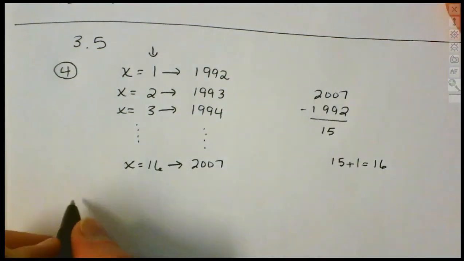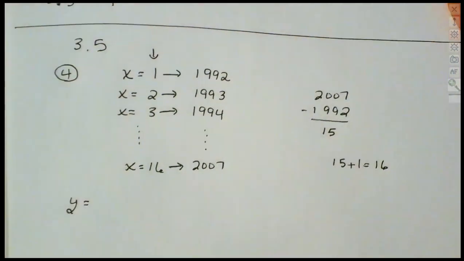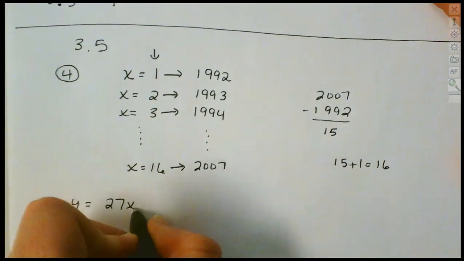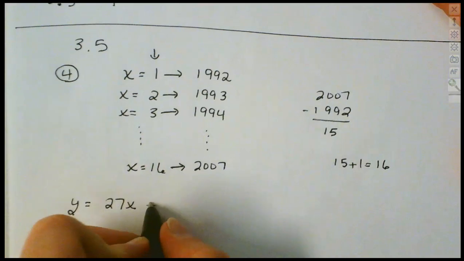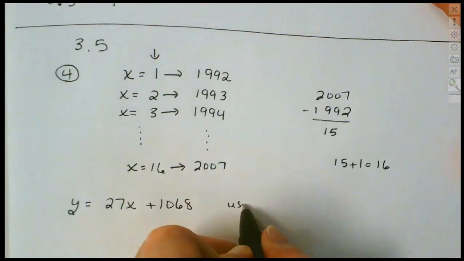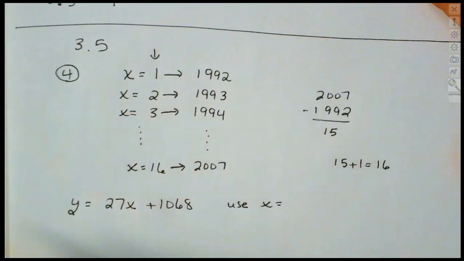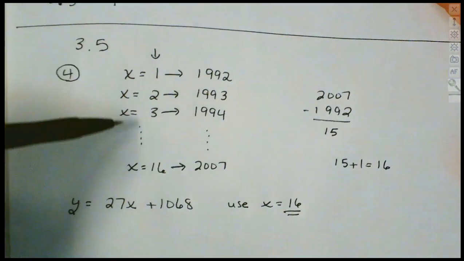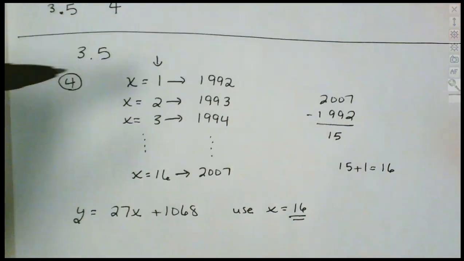So here's our equation. Y equals 27x plus 1068. And we're going to use the value of x that is 16. Right? So that's our number. This is called key data.